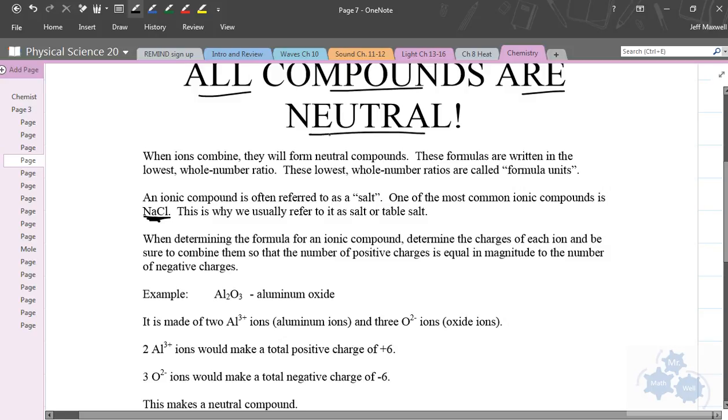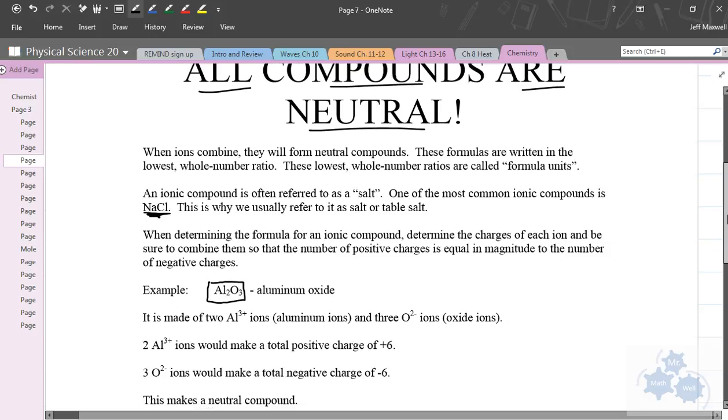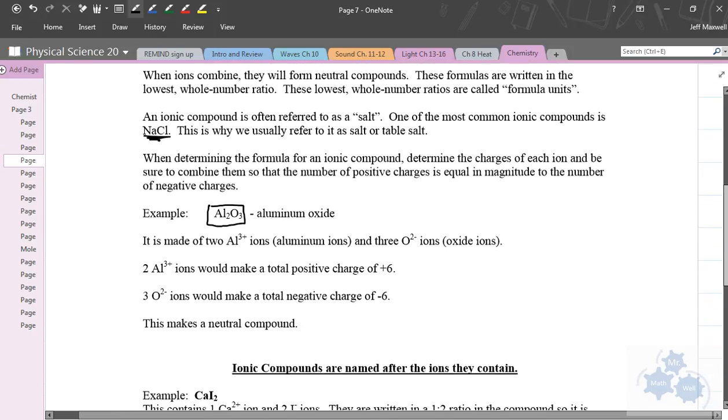They're neutral because the charges cancel each other out. And you'll see coming shortly, like this first example here, this one is probably one of the more complicated ones, but it's a good way of explaining how the charges always have to cancel each other out to make a compound. So there won't be charges on a neutral compound.